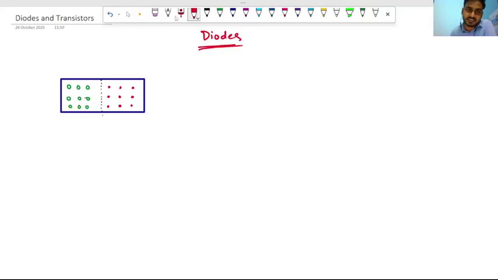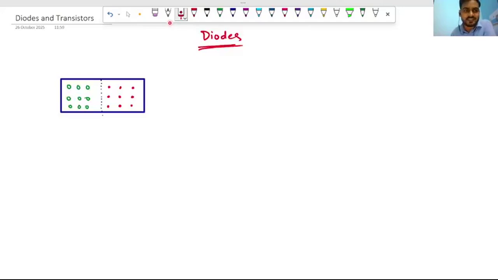In brief, these are electrons, these are holes. Holes mean nothing but the deficiency or absence of electrons. For example, suppose an electron was here. When the electron leaves, it leaves a hole, an absence of electron.